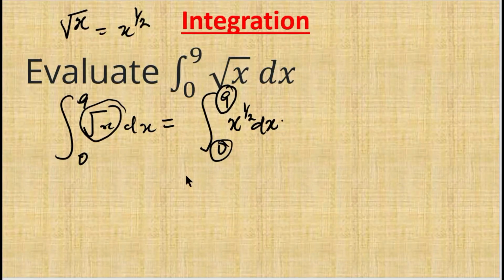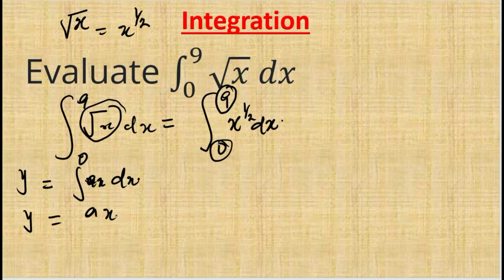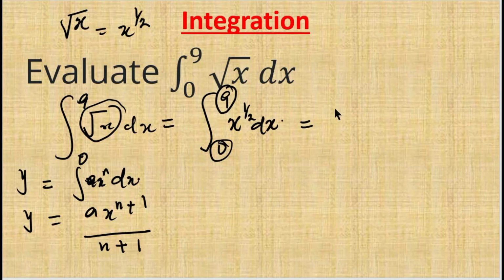Remember that for integration, if y is equal to ax^n with respect to x, my y will be x raised to power n plus 1 all over n plus 1, multiplied by a. So I'll be rewriting this expression, where my a in this case is 1.